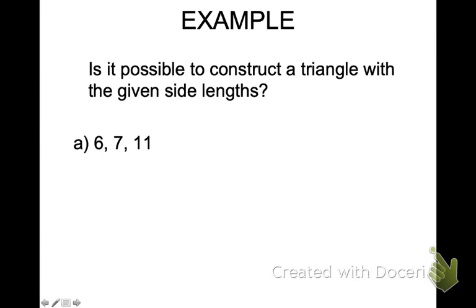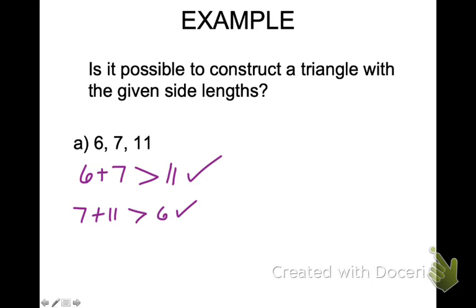And then the last thing that you're going to do is, instead of doing 2 and then coming up with the possible set of the third, here I'm going to say, here are 3 side lengths. Is it possible to have a triangle having them? So to do that, we're going to check. If I add 2 of my sides together, is it greater than the third? Does that work? Is 6 plus 7 greater than 11? Yep. If I do 7 plus 11, is that greater than 6?